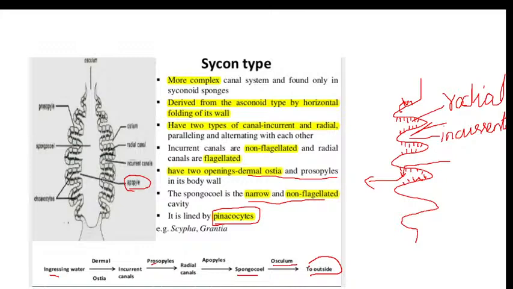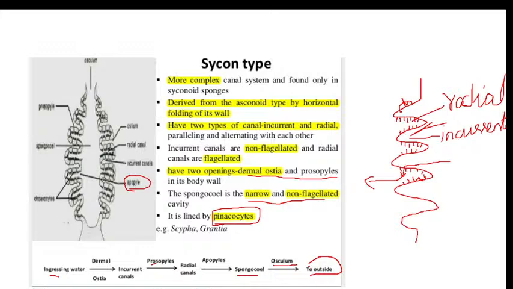So in sycanoid, water first enters through the ostia into the incurrent canal. Incurrent means the water current reaches the canal directing water towards the body of the sponge. Through the dermal ostia it reaches the incurrent canals, and the incurrent canals have openings called the prosopiles.